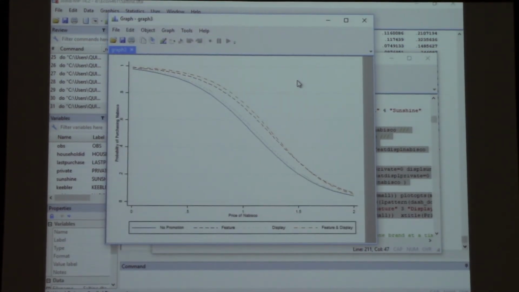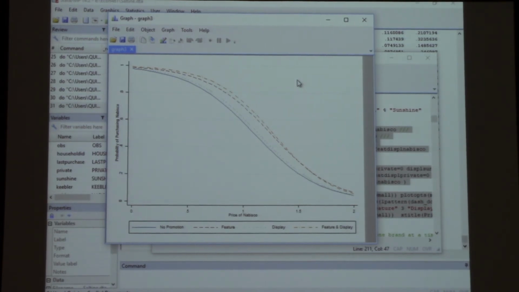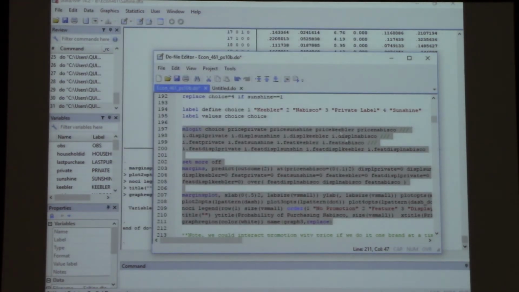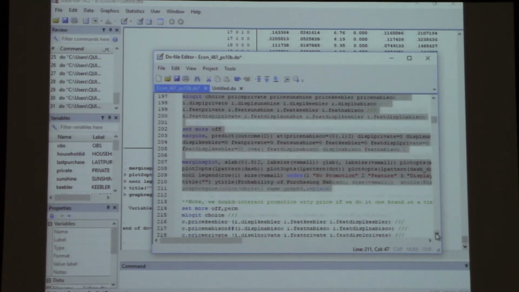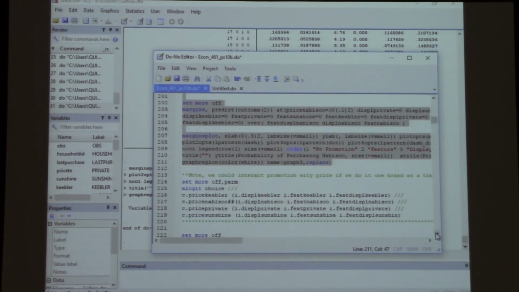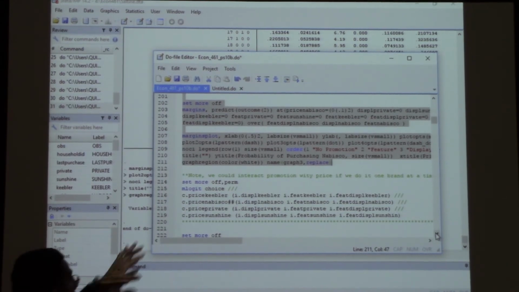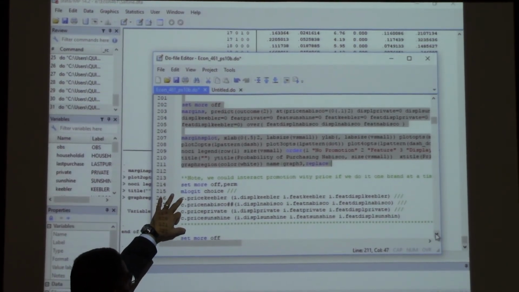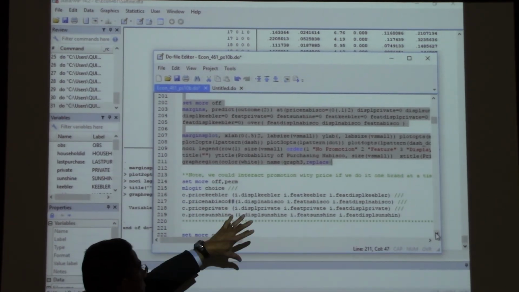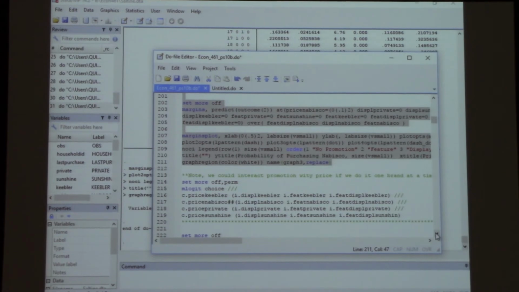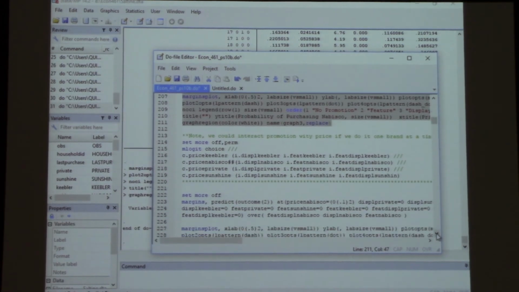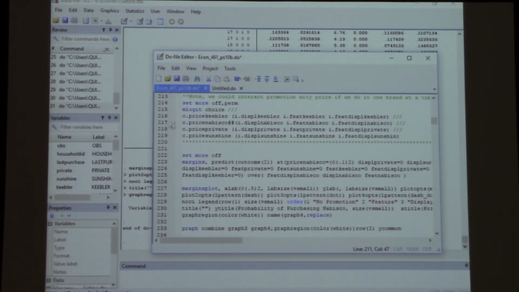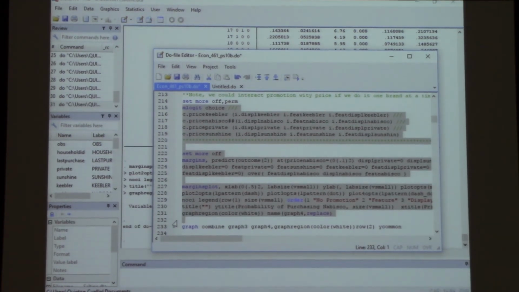And it looks like we got the effects of display, then feature and display. But we know those don't include interactions, so we're going to include the interactions. And again, as I said, we can't run all of them. I turned the interactions off for Keebler and turned them on for Nabisco. Since everything else is going to be set to 0 anyways, it's not going to make any difference. So rerun those, look at that graph, and see if they look different to us.